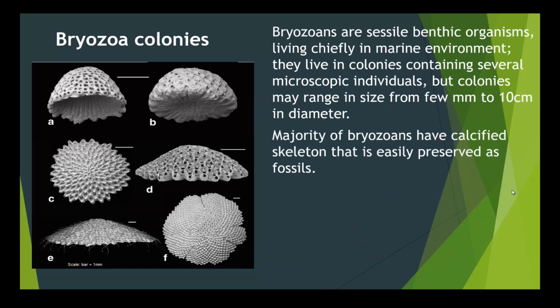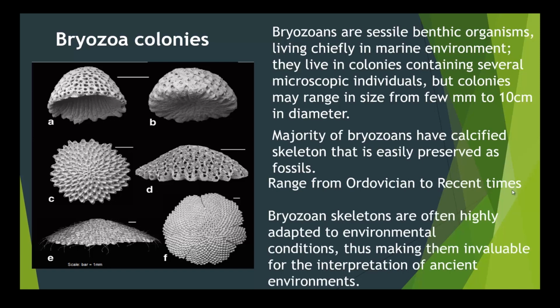The majority of bryozoans have calcified skeletons that are easily preserved as fossils. They range in age from Ordovician to recent times. The bryozoan skeletons are often highly adapted to environmental conditions, thus making them invaluable for interpretation of ancient environments.